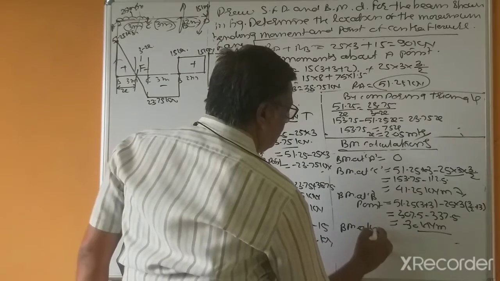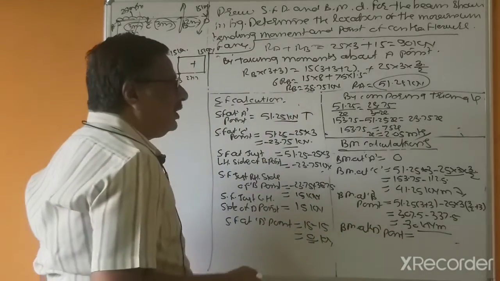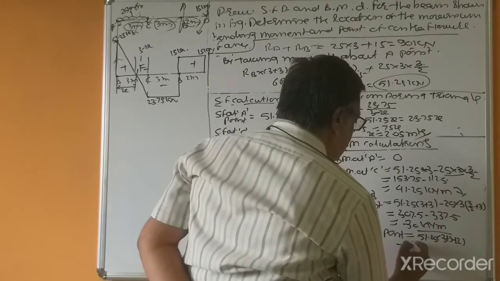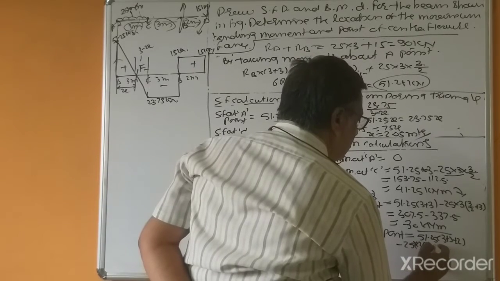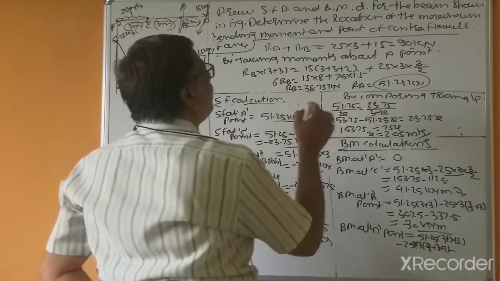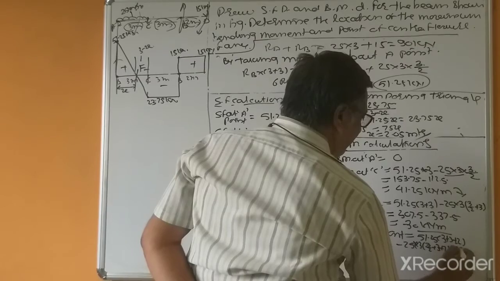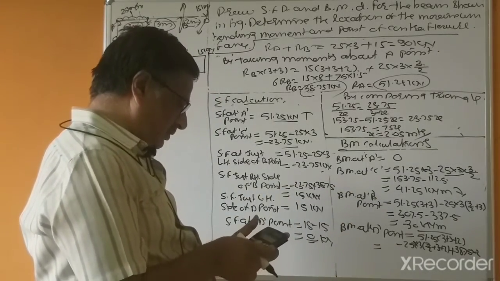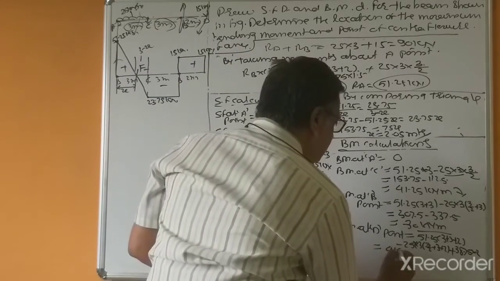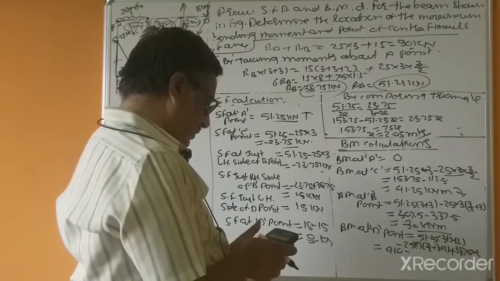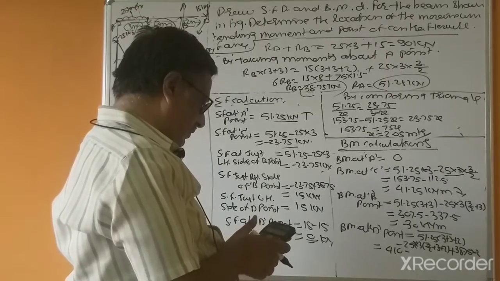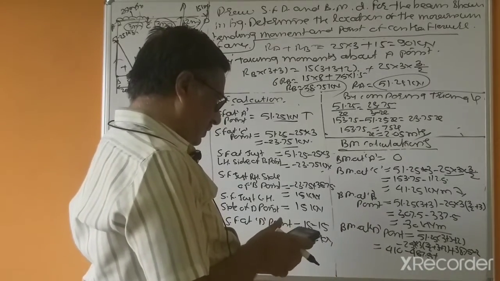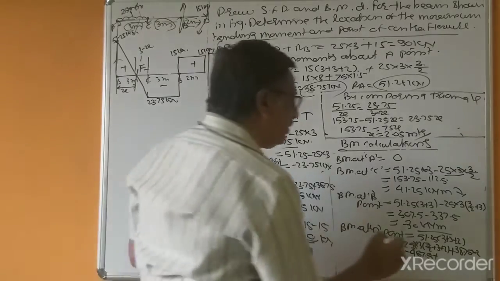And bending moment at D point, this is the end point. Or otherwise, for checking purpose, you can write 51.25 into 3 plus 3 plus 2, minus 25 into 3 into distance 3 plus 3 plus 2, and plus this RB 38.75 multiplied by distance 2. 51.25 multiplied by 8 is 410, minus 75 multiplied by 6.5, which is 487.5, plus 38.75 multiplied by 2, 77.5.